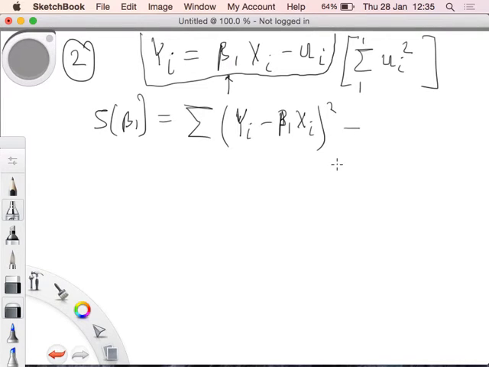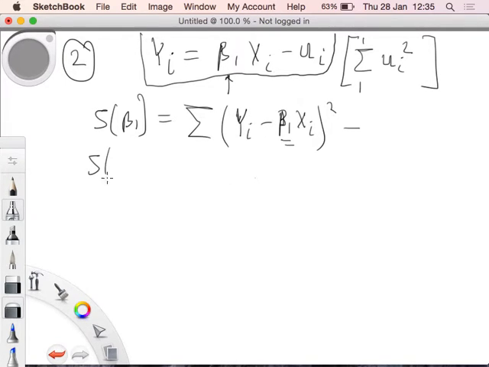And to find the beta 1 that minimizes the sum of squared residuals, take the first order derivative with respect to beta 1. In this case we treat beta 1 as an unknown, not the y's and not the x's. These are given data, but we need to find a value for this that minimizes the sum of squared residuals.